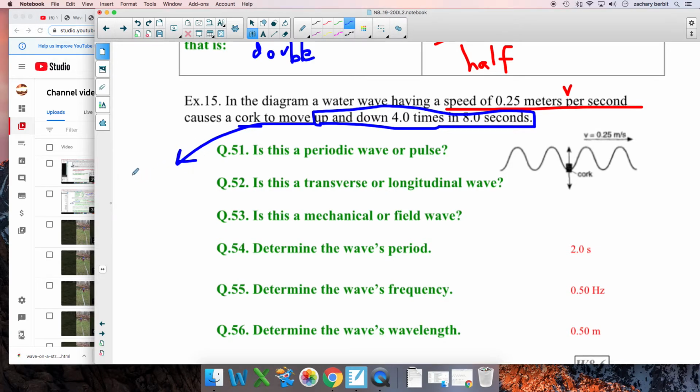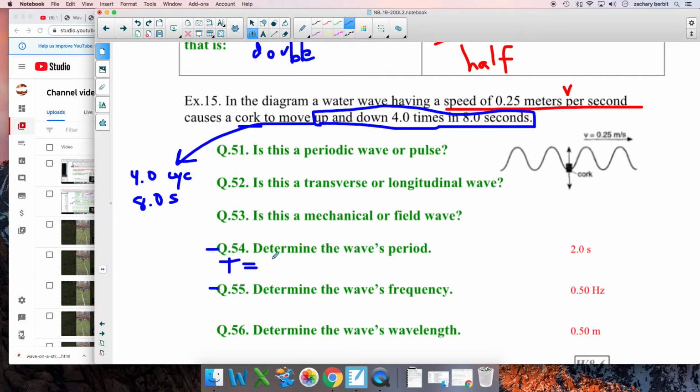This, though it looks like kind of a vague piece of information, this is a lot of information right here. What this is telling you, 4 times is 4 cycles. Up and down, that's a full cycle. And 8 seconds is telling you the time. Now this is incredibly useful. 2 givens immediately. In fact, the 2 givens are these, period and frequency. Because period, this is where your 3-word definition comes in.